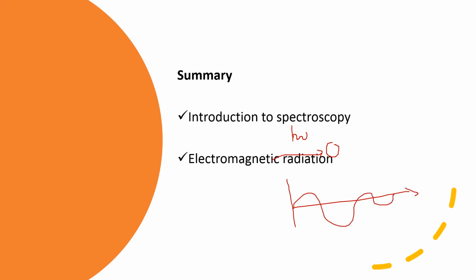It starts from a source and always travels in straight lines. It has both a magnetic component and also an electric component. At the same time, both the components are perpendicular to each other and also perpendicular to the direction of the propagation of the wave. And the most important thing is, electromagnetic radiation has dual nature, that is wave nature and particle nature.